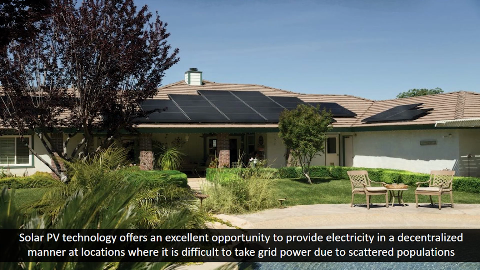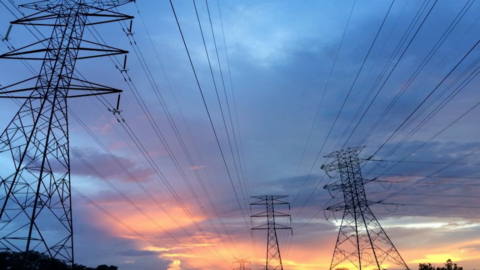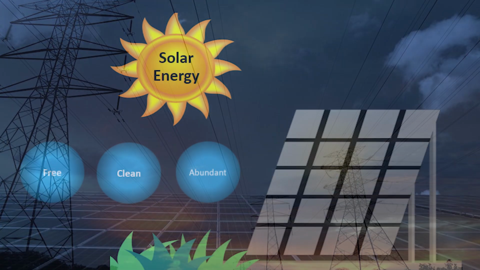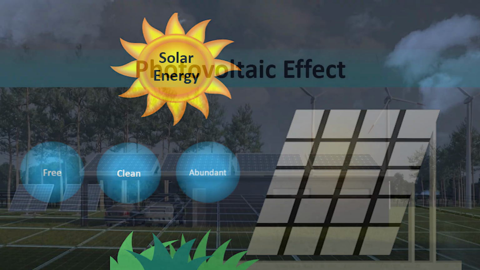Solar PV technology offers an excellent opportunity to provide electricity in a decentralized manner at locations where it is difficult to provide grid power due to scattered population. This is because it is not economical to take grid connected power to such locations. Moreover, solar radiation, the source of solar energy, is free, as you know, and it is also very clean and available in abundance.